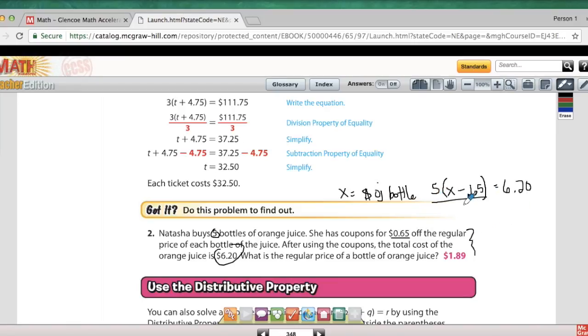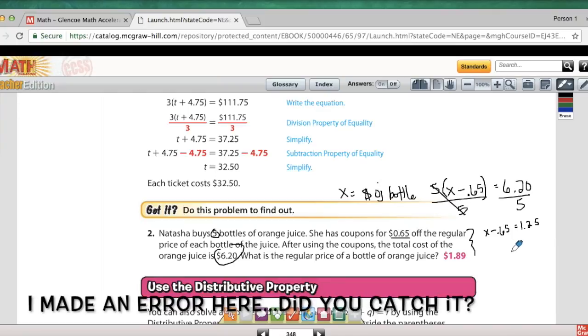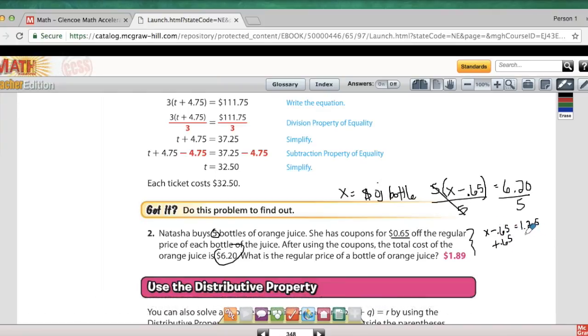So if I divide both sides by 5 to get rid of that coefficient, I get x minus 0.65 equals $1.25. And then if I add on the 65 cents, I get x equals $1.90.